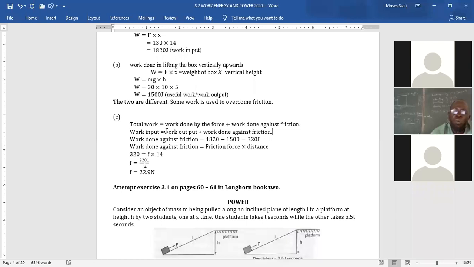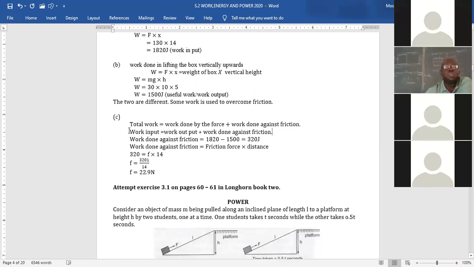Is that okay, girls? Yes, teacher. So our total work will always be equal to the work done by the force plus the work done against the friction. In other words, the work input is always equal to the work output plus work done against the friction. So now we can make the work done against the friction the subject, isn't it? Yes, teacher.